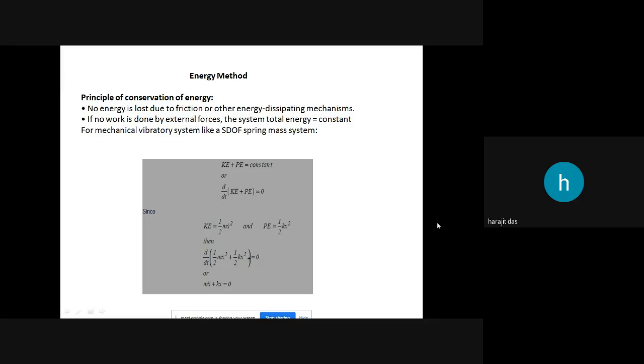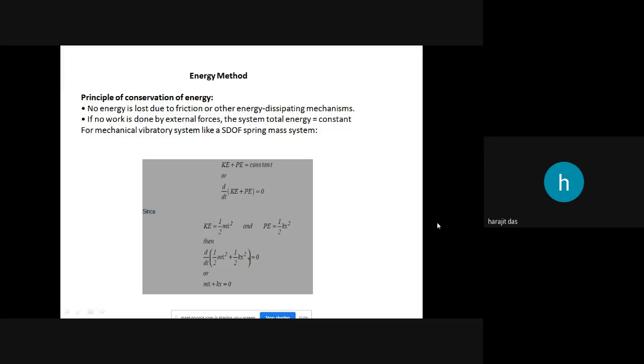Then we'll be assuming that there will be no energy losses, so energy dissipation due to friction or anything else will not be considered. Means we will be considering one ideal system which is free from friction.